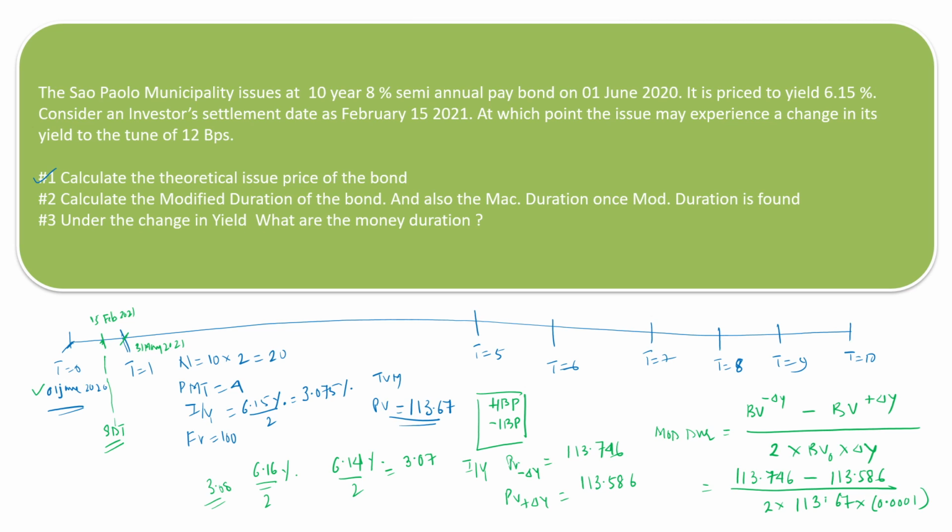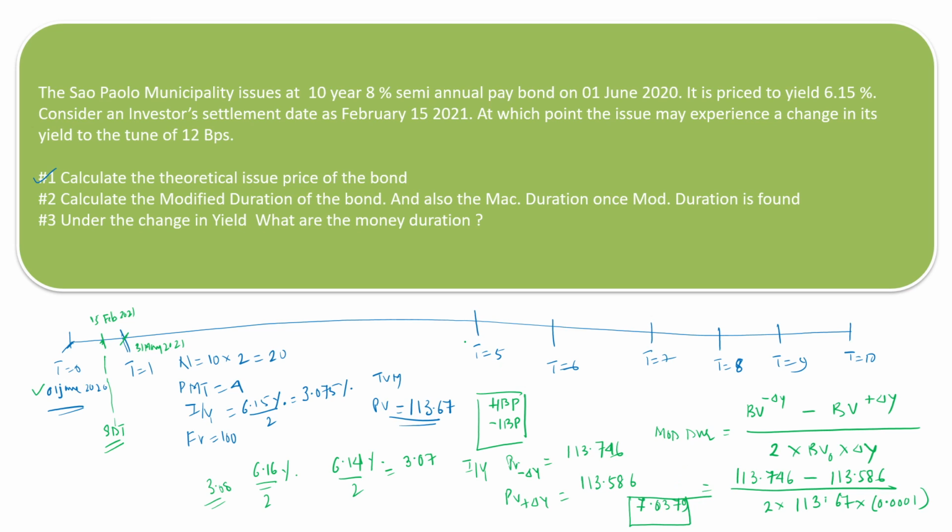This now divided by 2, and this now divided by 113.67, and this now divided by 0.0001, which comes out to be 7.0379. So this is your modified duration.